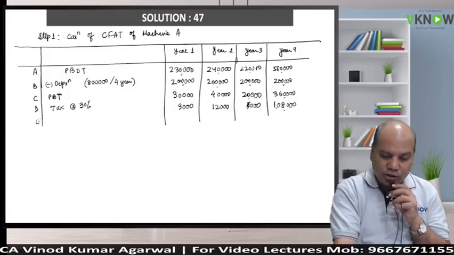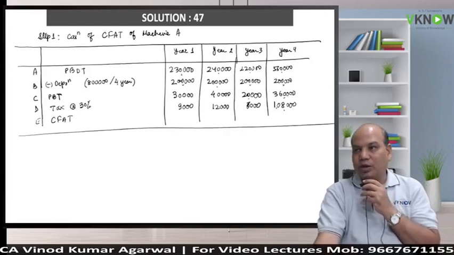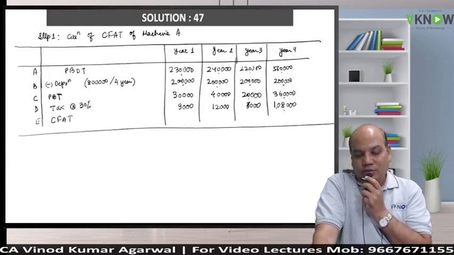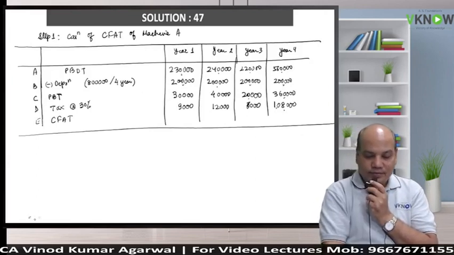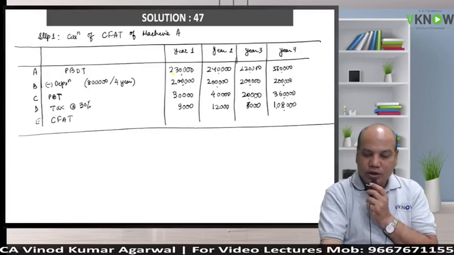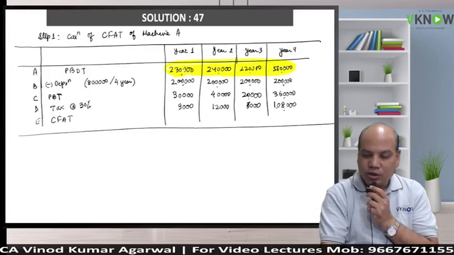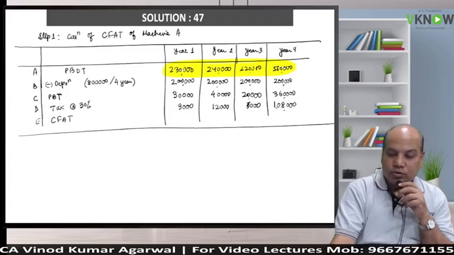Point number E, write down CFAT. Now you'll wonder, how will I get CFAT? I have not written PAT. I have not written add back depreciation. This first line is my PBDT, means cash inflow. It is basically sales minus your cash expenses. Okay. So that is cash inflow.